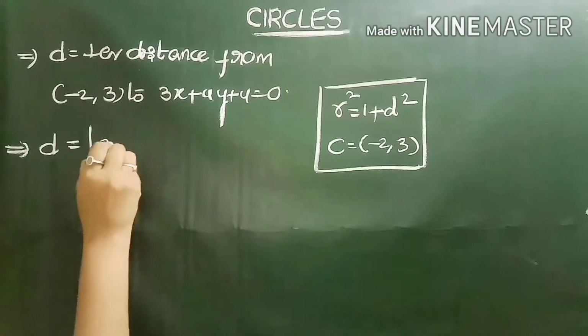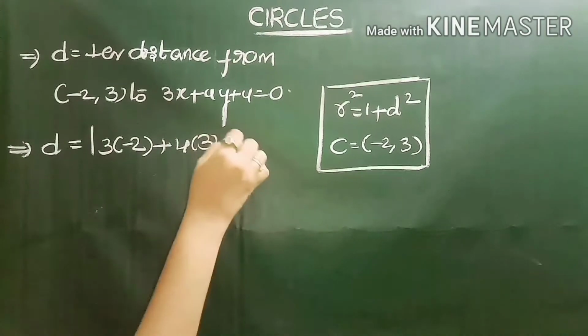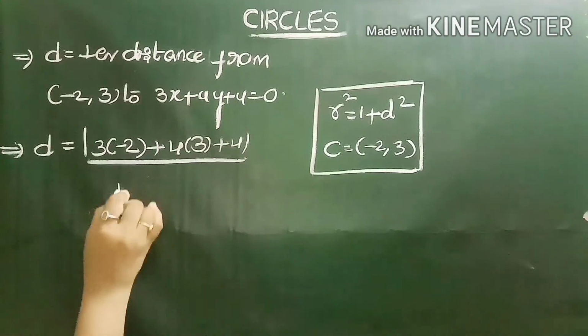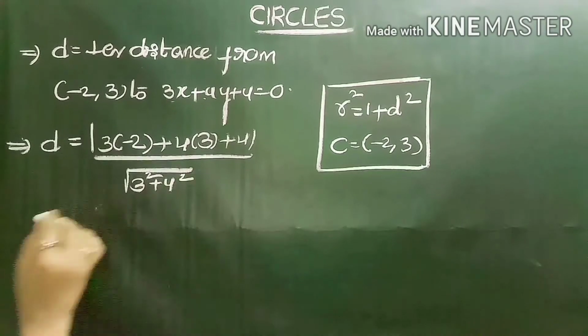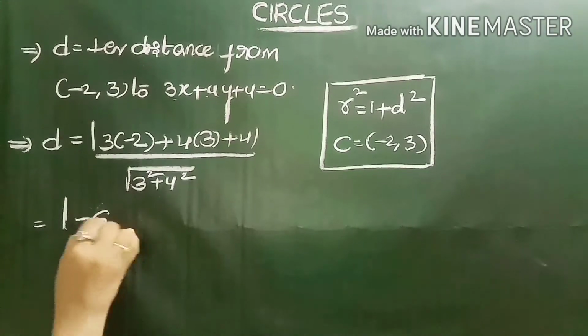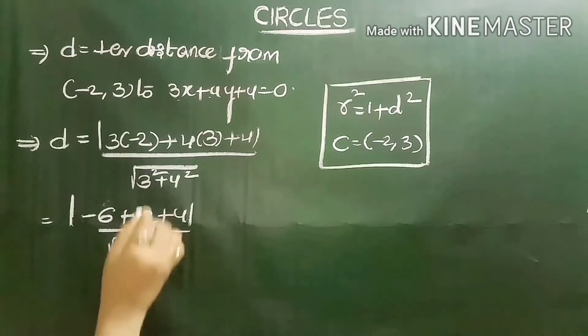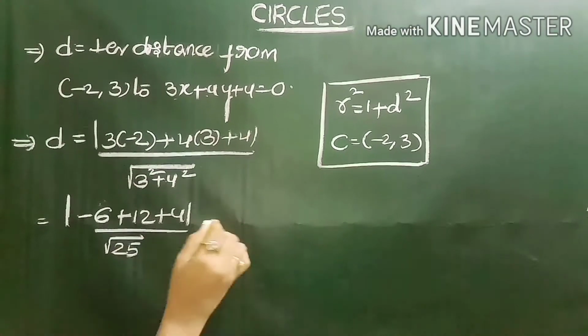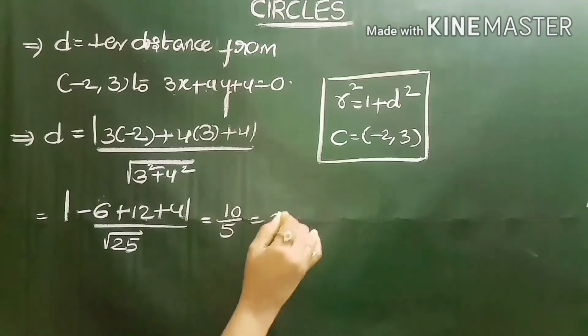That equals modulus of 3 into (-2) plus 4 into 3 plus 4, by square root of a square plus b square, that is 3 square plus 4 square. This is equal to modulus of (-6 plus 12 plus 4) by square root of 9 plus 16, root 25. Now 16 minus 6, 10 by 5, that equals 2.